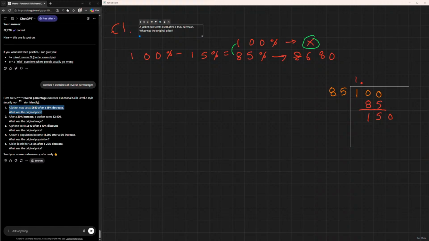Then we have 2 times 85, which is 170. So that doesn't work, so it's going to be one time 85. Then we subtract this. Actually, let me go one time back.